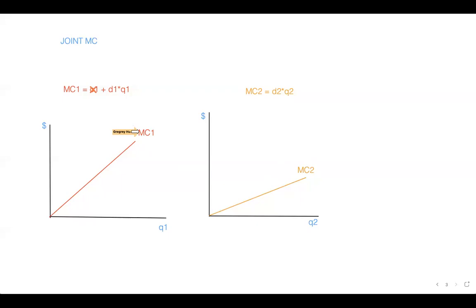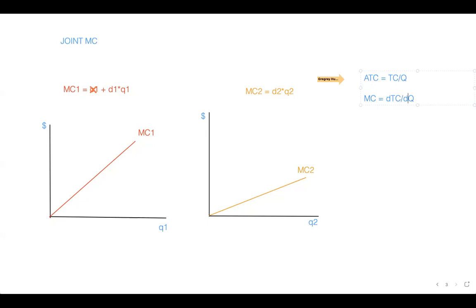The language is subtle. Average cost, so I'll just put ATC, is your total cost divided by Q. But marginal cost is the change in total cost as you produce an additional unit. Do you see how they're similar, but not exactly the same?